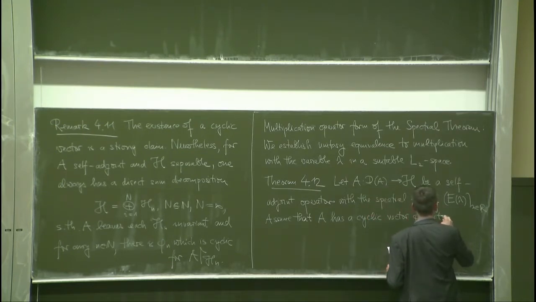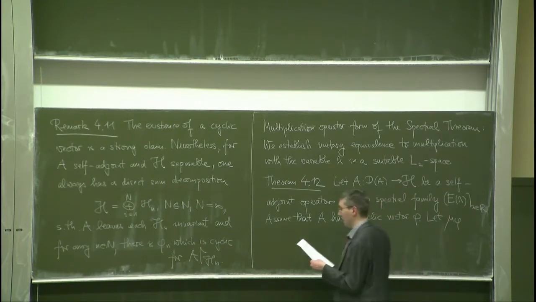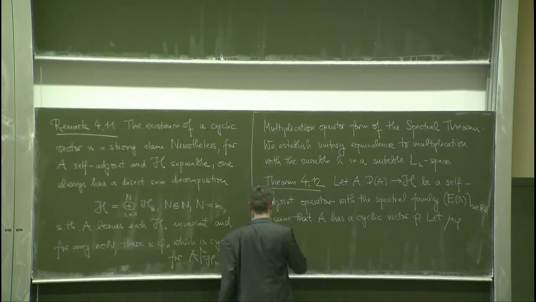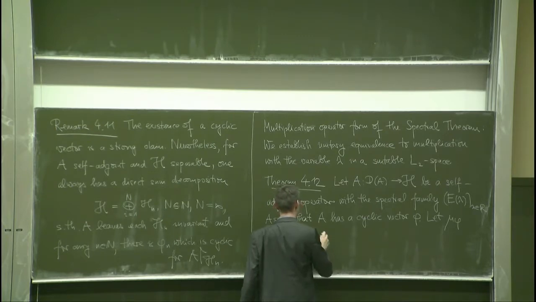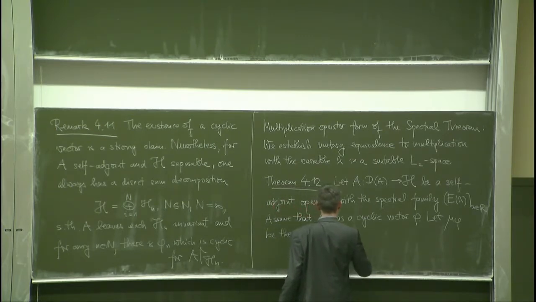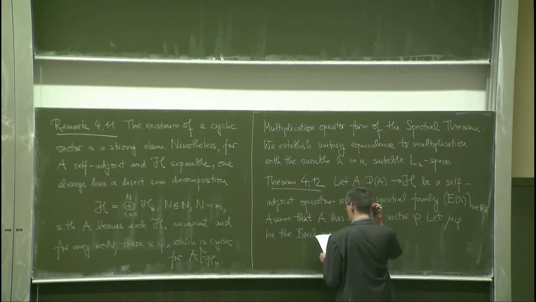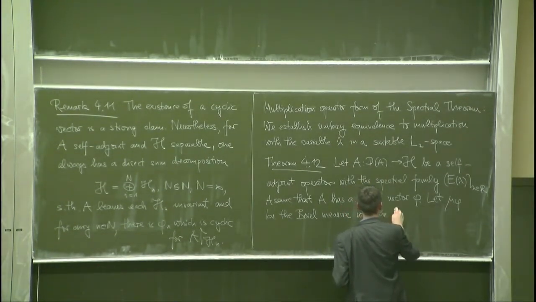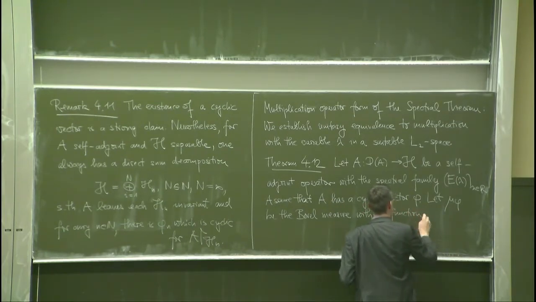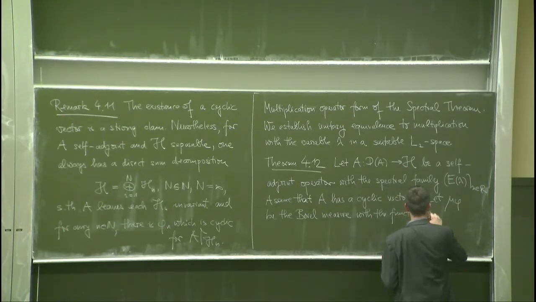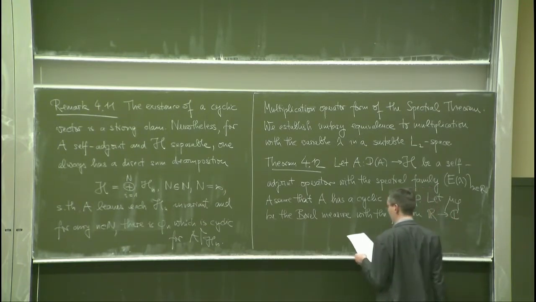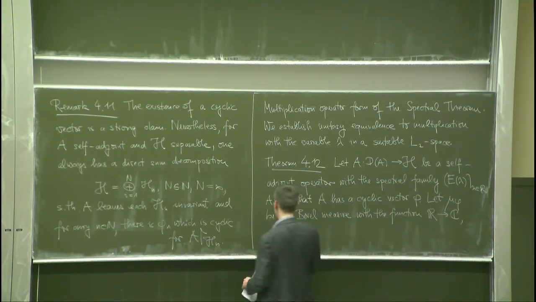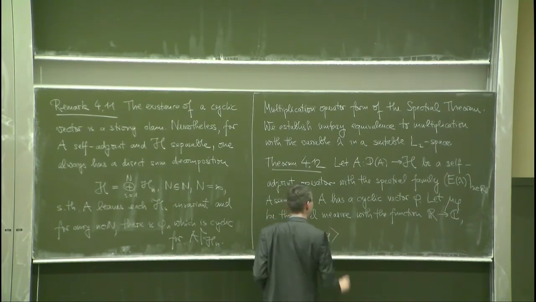Furthermore, let mu_phi be the Borel measure associated with the usual function, so with the function from R to C, given by the map lambda is sent to the scalar product of E(lambda) phi and phi.